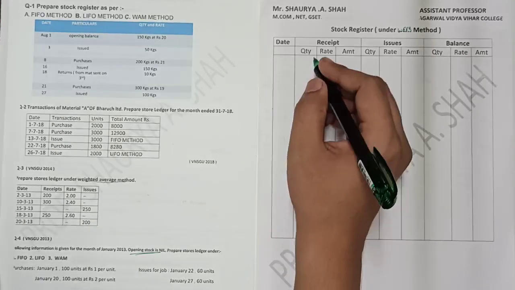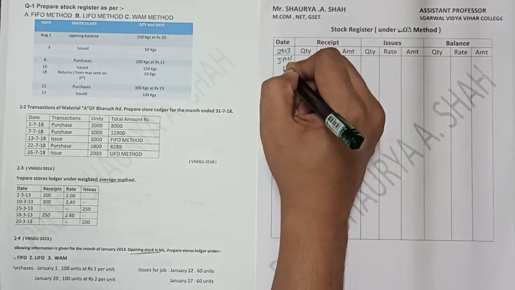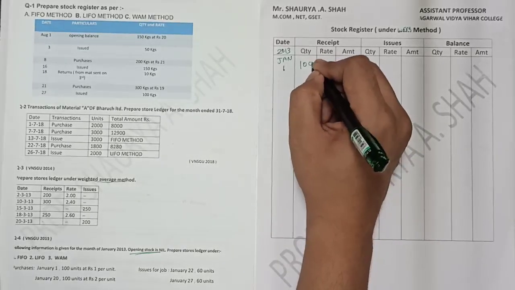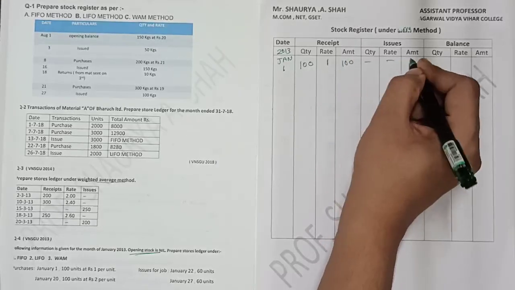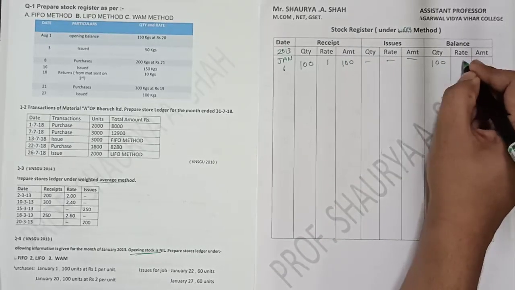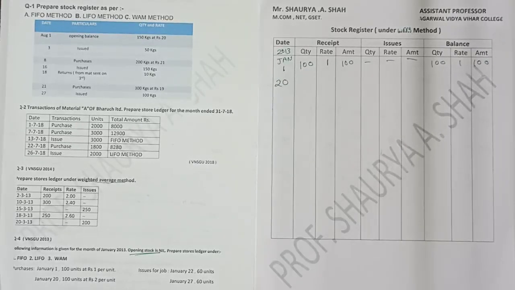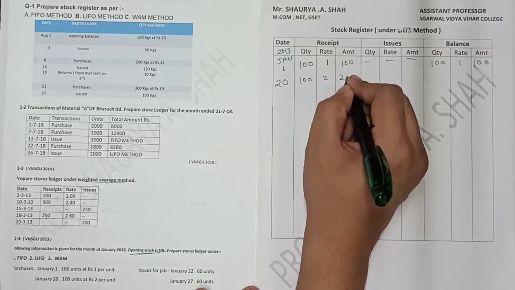The very first date, that is 2013 January 1st, I told you the receipt remains the same. So we'll write down 100 quantity, rate is 1, amount will be 100. So my balance will become 100. On the 20th of January, students, again I am receiving 100 units at 2 per unit.